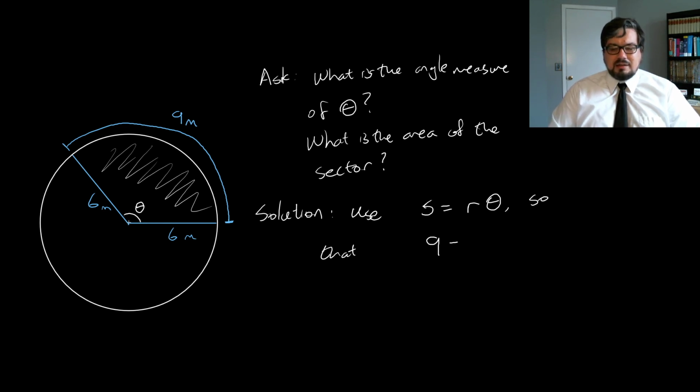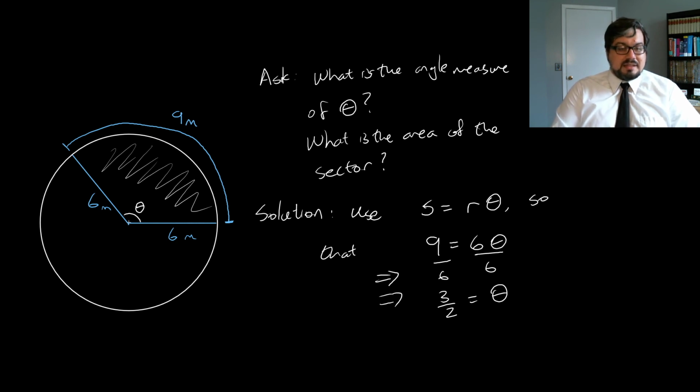So we have 9 is equal to, the radius of the circle has been given to us, that's 6, and then theta is what we don't know. So we get 9 equals 6 theta. But this we can solve for theta. So we can divide both sides by 6 to get that 3/2 equals theta. So this angle measure right here has a measure of 3/2 radians. So that's the answer to the first question.